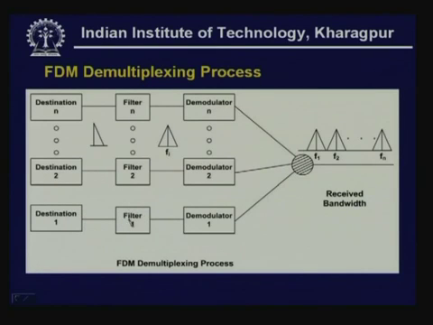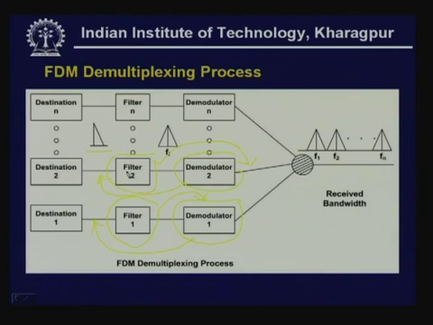Actually the filter should be here and the demodulator should be here, I believe the figure has got them interchanged. After demodulation we get the original signal which has to be sent to the destination. So, this will be here and this will be here.